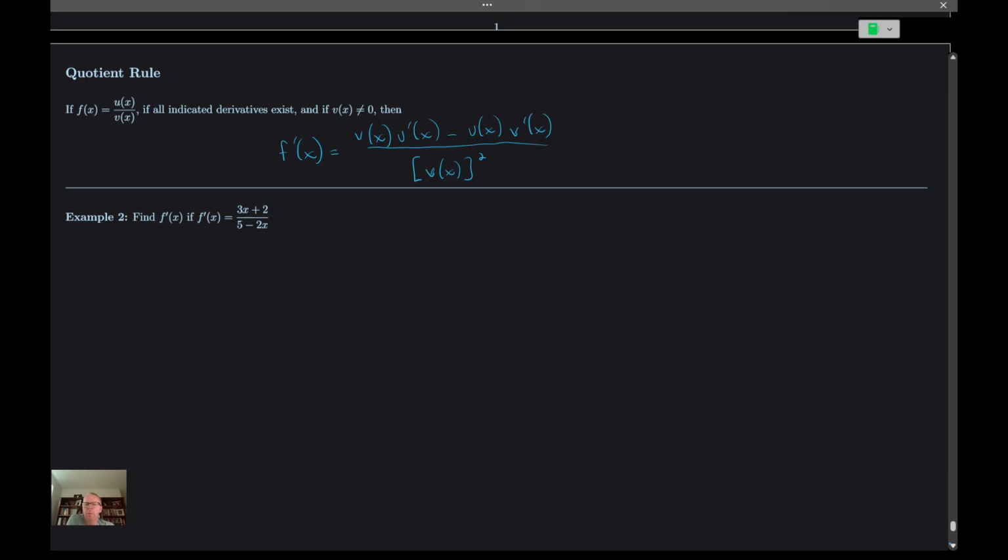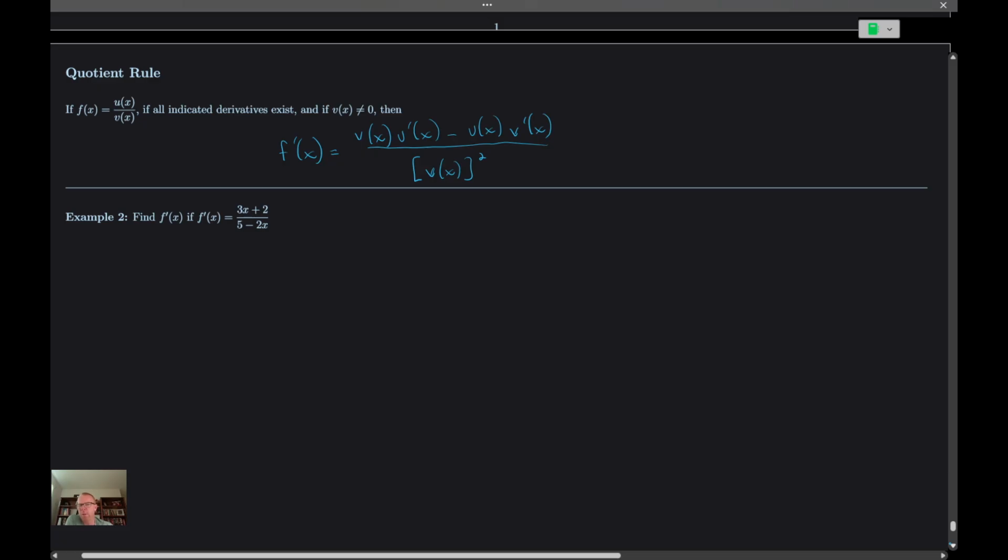So this one, of course, we're subtracting. So the order that you're doing this in the numerator does matter. You need to take the derivative of the top function first, and then the derivative of the bottom function second. The way I remembered this, I still remember in high school, we called the bottom function the low function, the top function the high function.